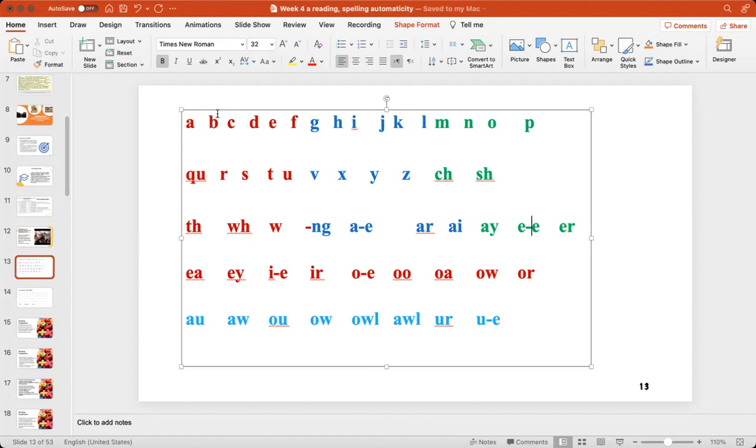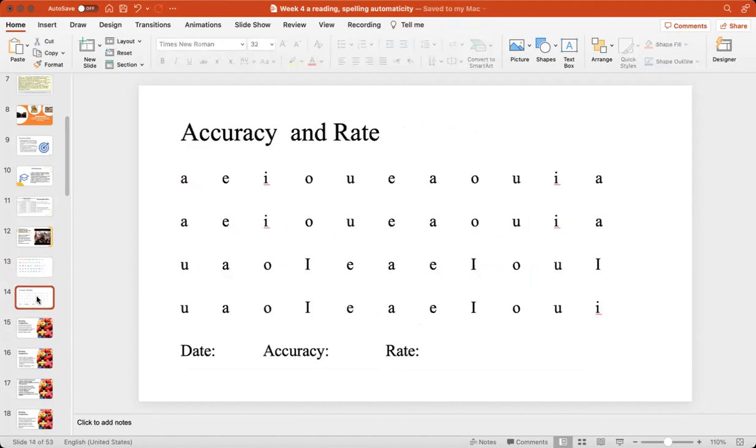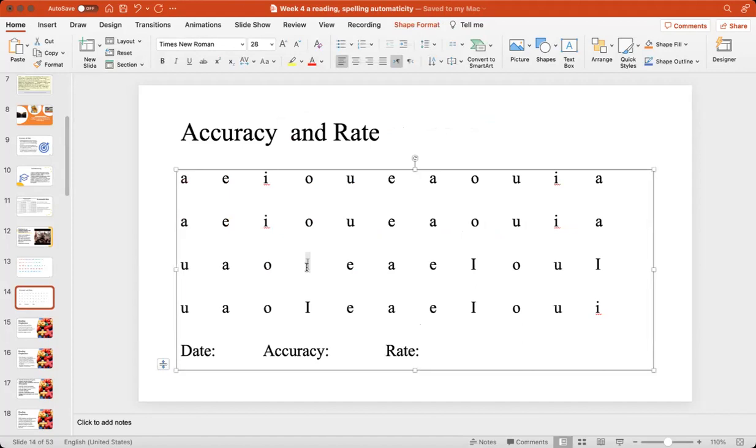So one of the things that I want you to do with your students is you can use this page to see how much they have internalized the single vowels, or you can do all of the consonants and all of the vowels that you've taught your students and make up your own rapid automatic naming sheet.